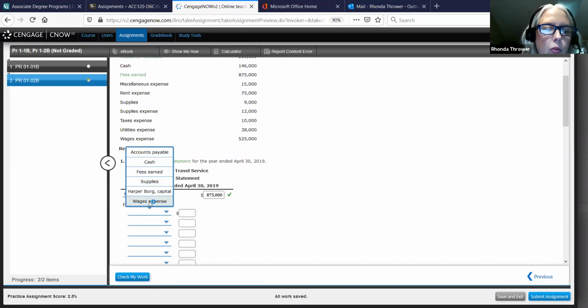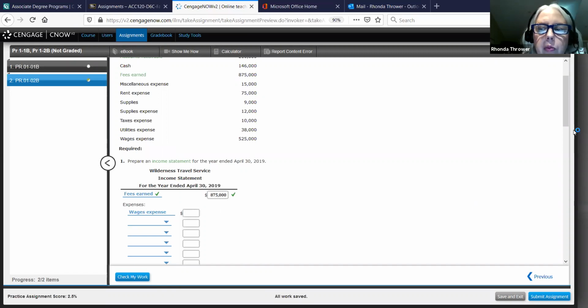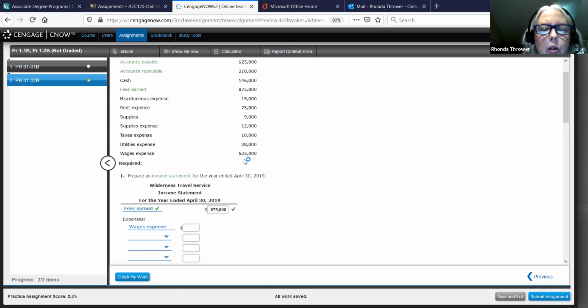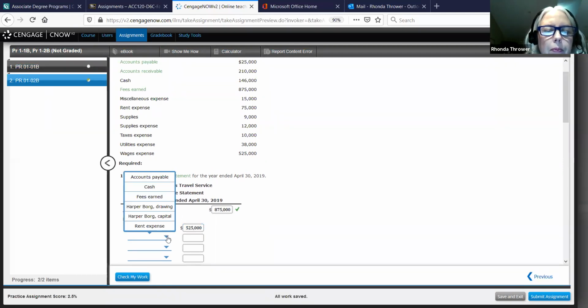So wages expense is my first expense I'm going to write down. If I go back up to the given information in the problem, my wages expense is $525,000. So you're simply going to write that amount in, and then you'll move to your next expense.